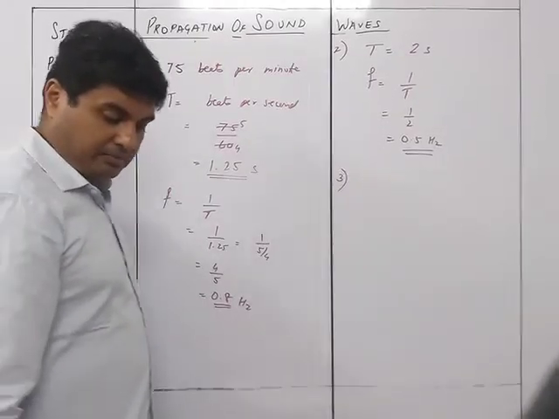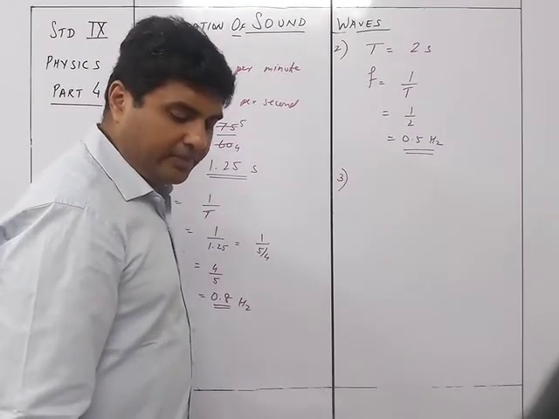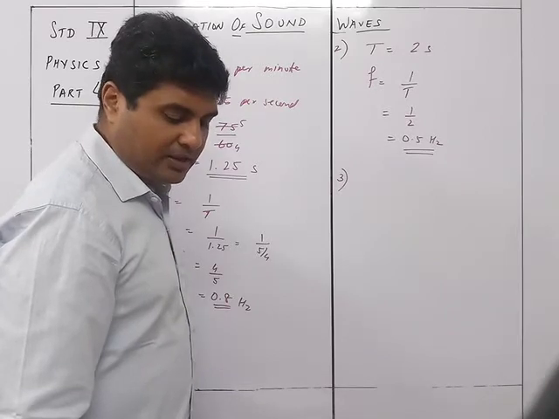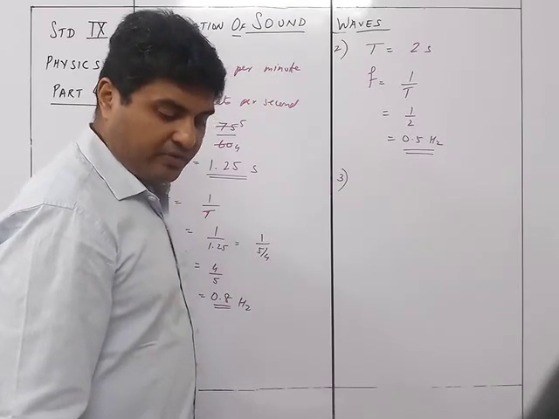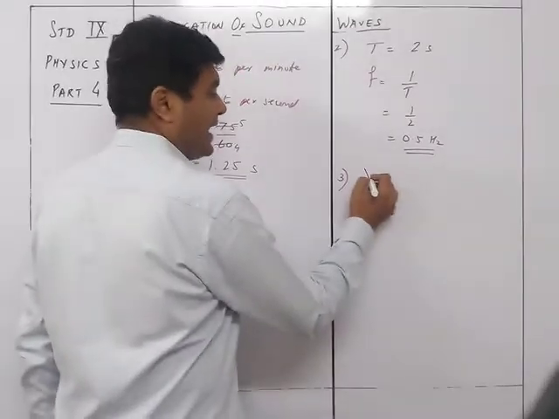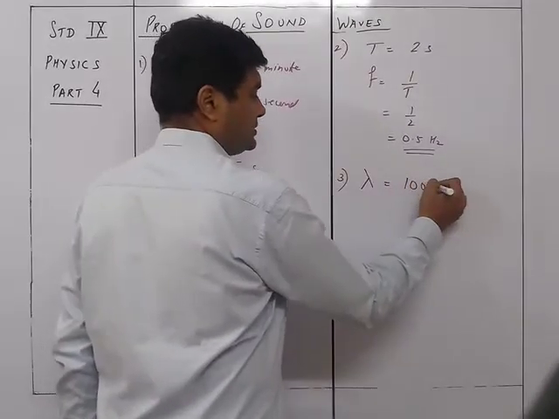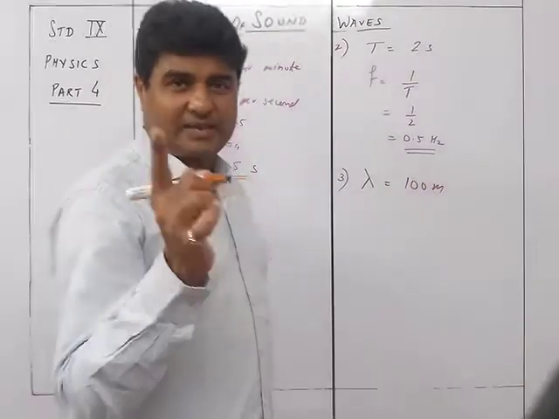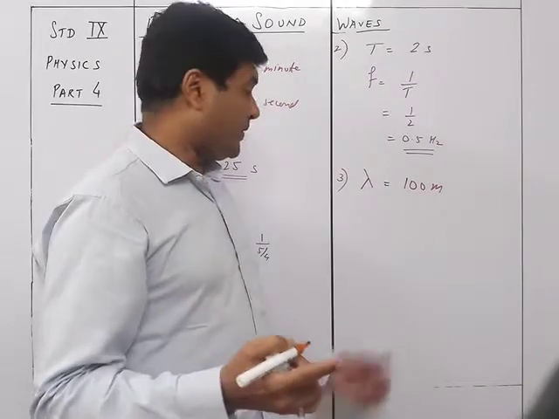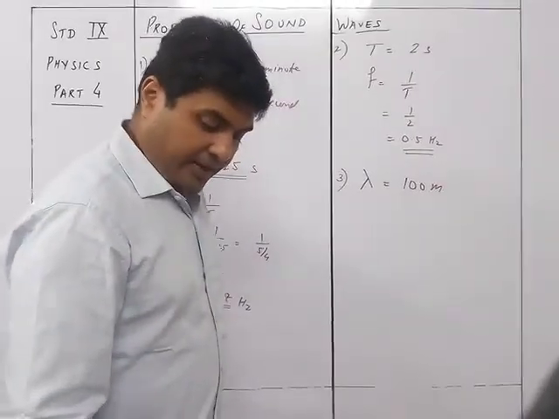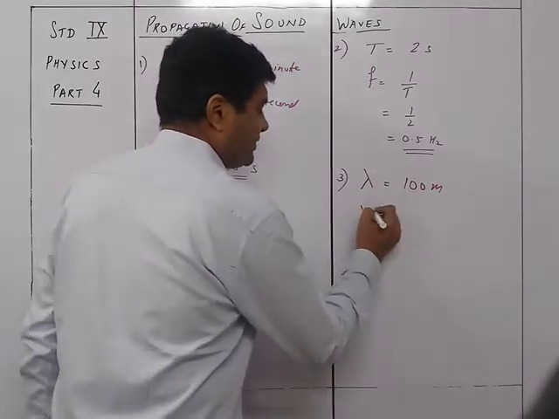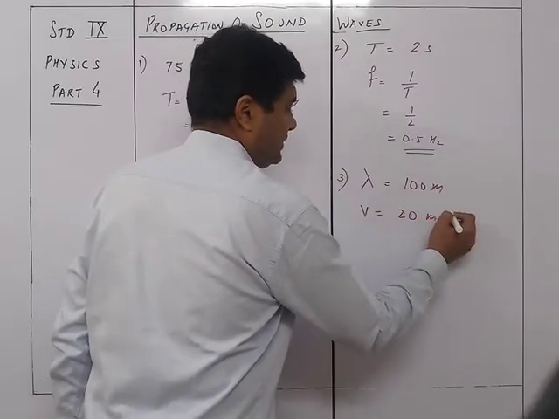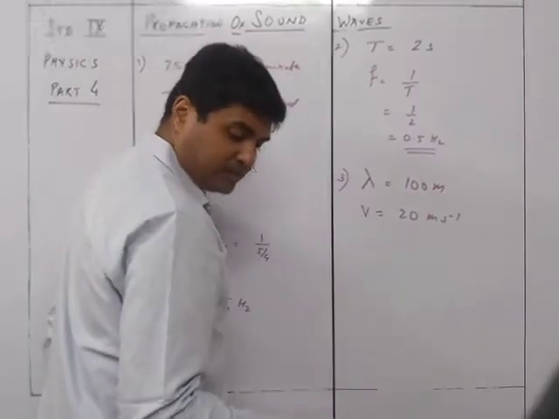Very, very easy sum. Third sum. The separation between two consecutive crests in a transverse wave is 100 meters. So it is given that lambda is equal to 100 meters. See, the distance between two consecutive crests is nothing but the wavelength. So wavelength is given as 100 meters. The wave velocity V is given as 20 meter per second. So we need to find out the frequency.